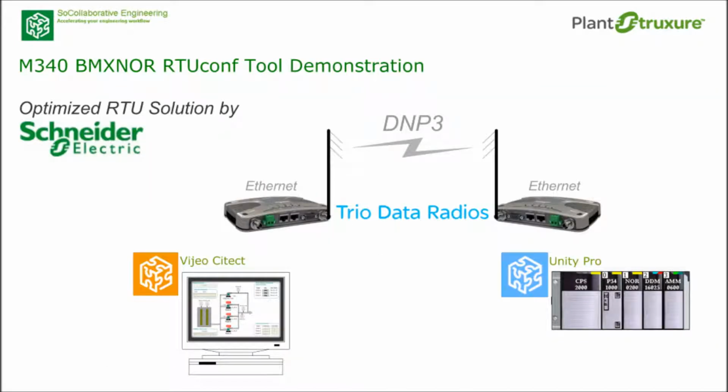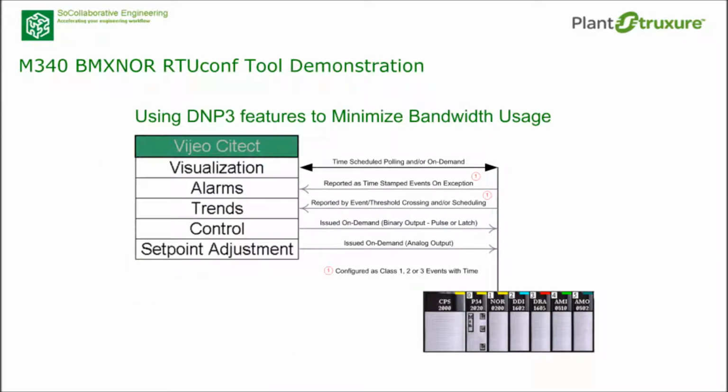The target system architecture for this solution is shown here, and the basis of this demonstration is the use of Ethernet radios. Within the target system architecture, here is how I will configure the data to be communicated between the M340 and Vijeo Citect. Data that is strictly for visualization will be polled or manually refreshed on demand.